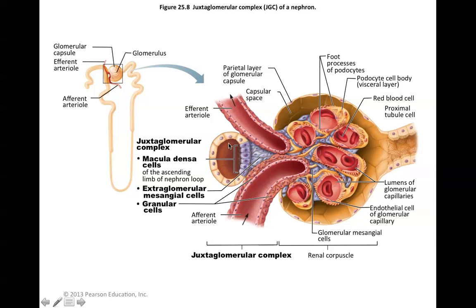So when we talk about the afferent and efferent arteriole, of course it is significant that they are both muscular and they both have a lot of pressure inside of them, and we can manipulate that, which we'll talk about in just a moment. The afferent arteriole is slightly larger than the efferent arteriole. One of the reasons for that is that the efferent arteriole is a stopper to make sure that the substances inside of the glomerulus are pushed into the glomerular capsule rather than just re-entering the blood automatically.